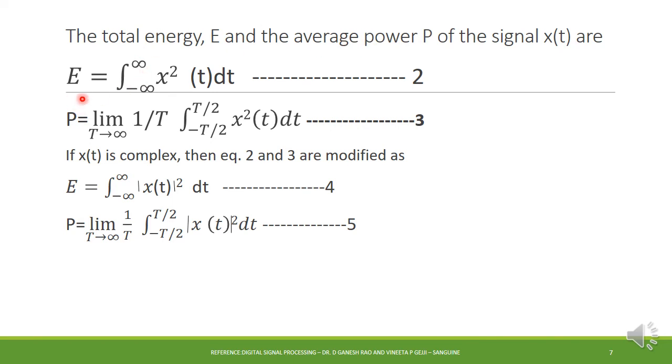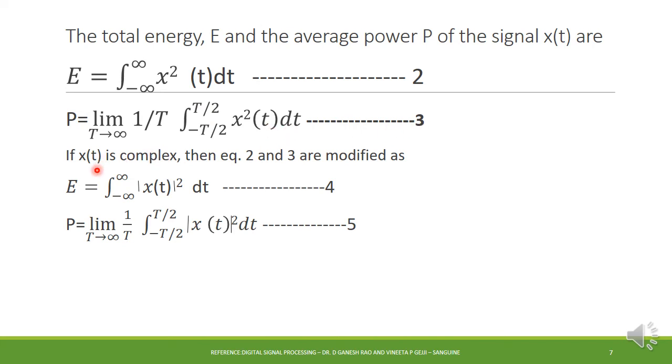Total energy can be written as the integral from minus infinity to plus infinity of x square t dt. Here we are finding the total, so you have to take the integration sign for the summation. This is equation number 2, and power is equal to the limit as T tends to infinity of 1 by T, the integral from minus T by 2 to plus T by 2 of x square t dt. This is the third equation.